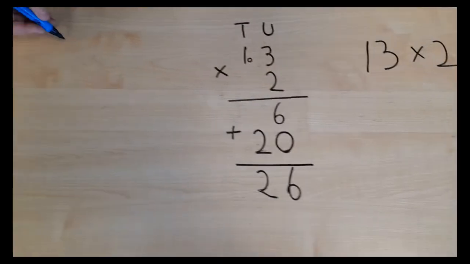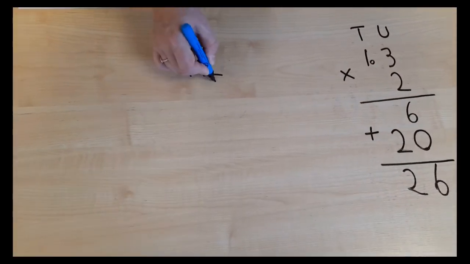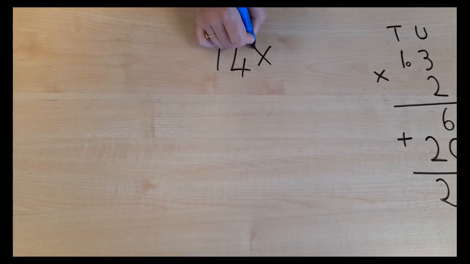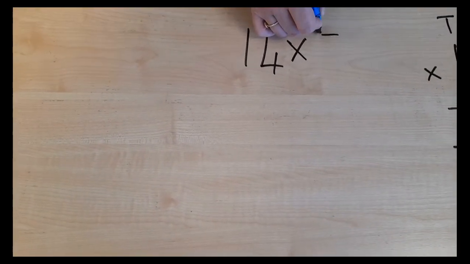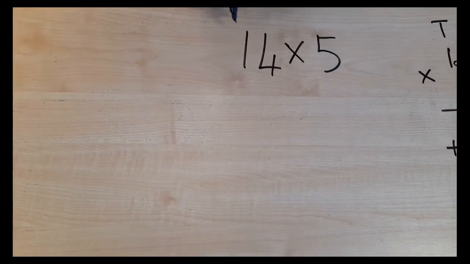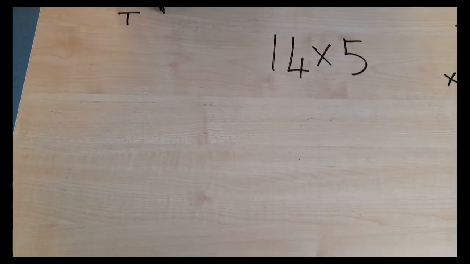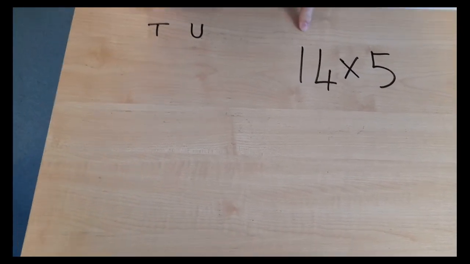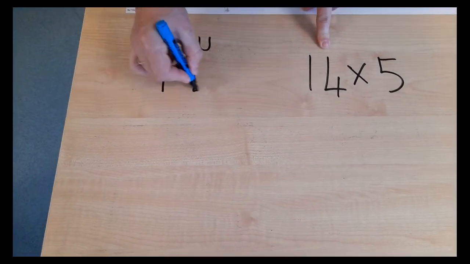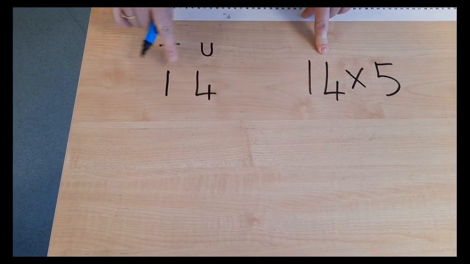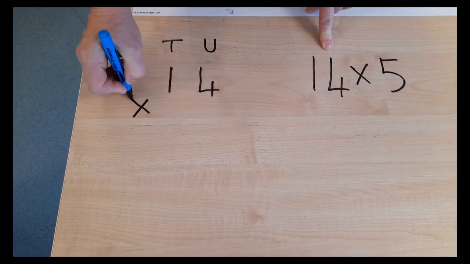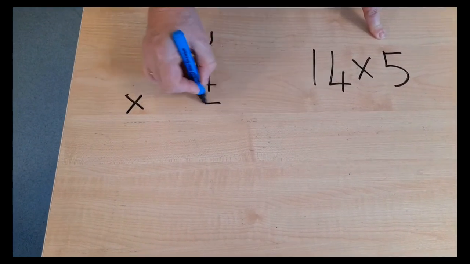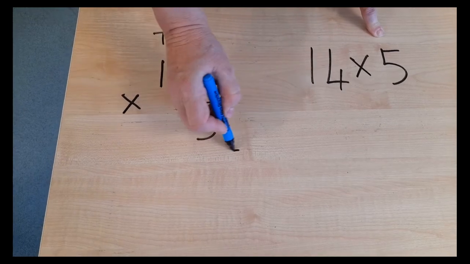Let's try one more. 14 times 5. So again, tens, units to get my columns. Let's line up correctly my 14 with my 10 and my unit. It's a multiplication, that's why I'm timesing by 5.